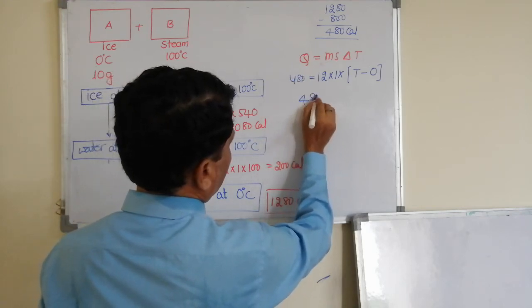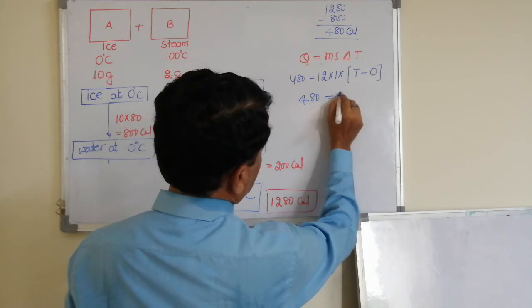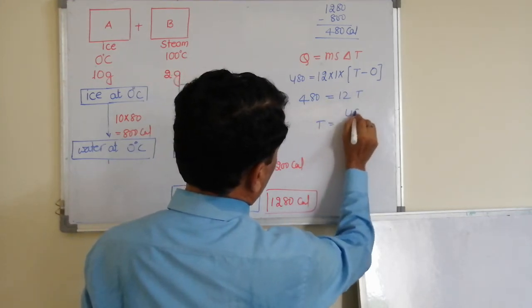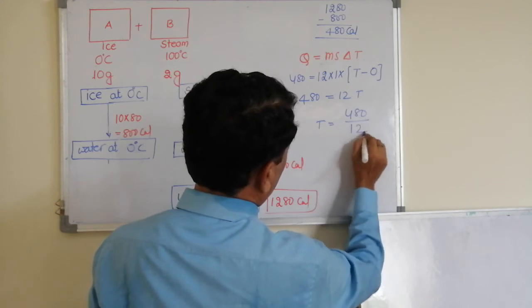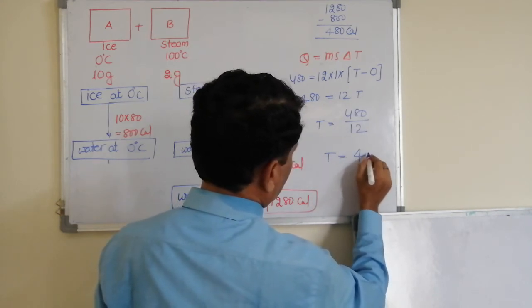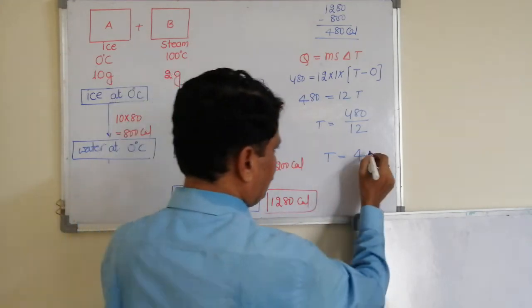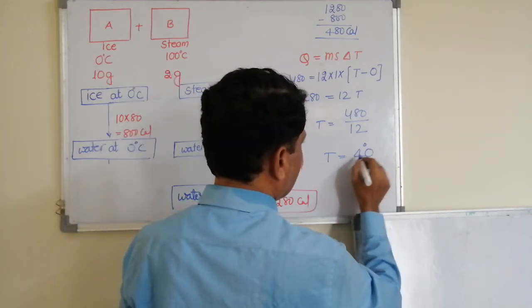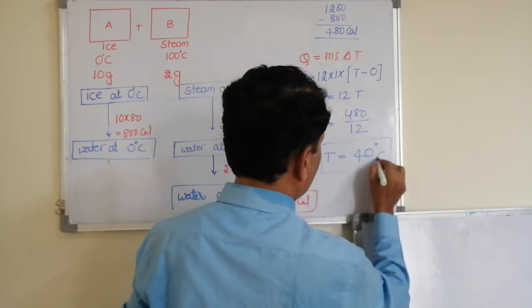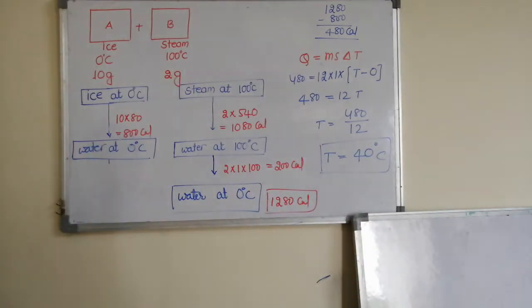So 480 is equal to 12 T. T is equal to 480 divided by 12. T is equal to, I think, 40 degrees Celsius. Check it. So temperature of the mixture is 40 degree Celsius.